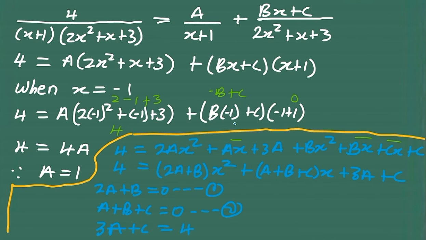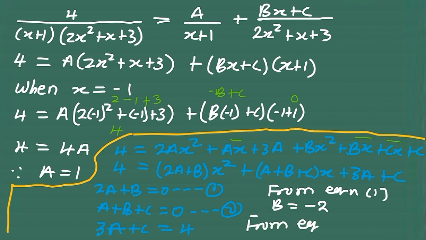All right, so let's see what we can do with this information. From equation 1, we know the value of a, right? So we can say that b is equal to minus 2, because when you substitute the value of a into this expression, we are going to have b equals minus 2. And we are solving for c.